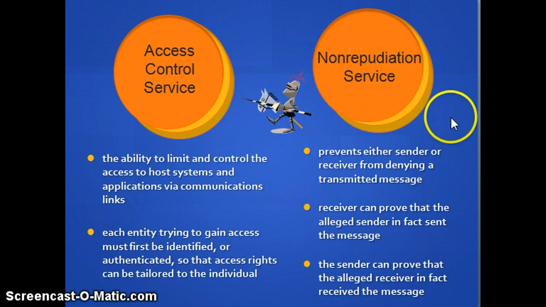Let's go second here, which is access control. Access control service means that we would like to control access to the resources, the ability to limit and control the access to host systems and applications via communication links. It means that you have an external user who would like to access through the network or through an external link, then we would like to have a limitation and control for that access.